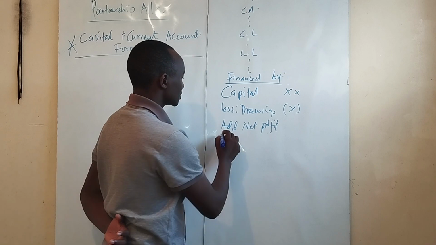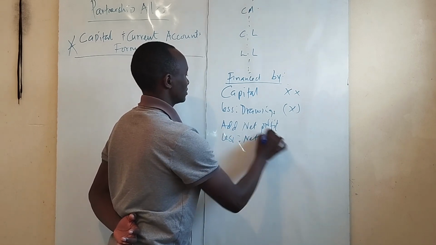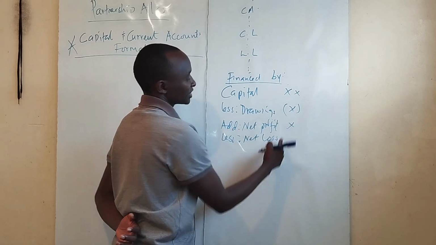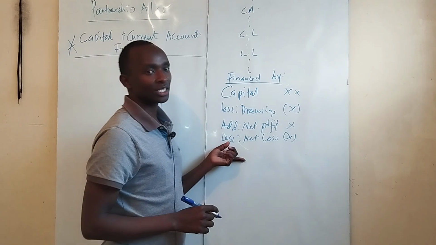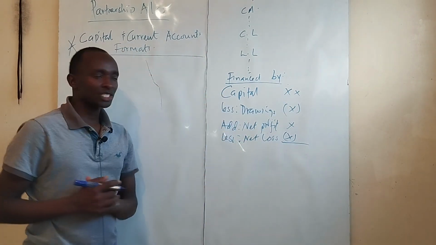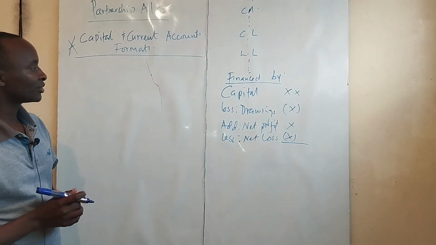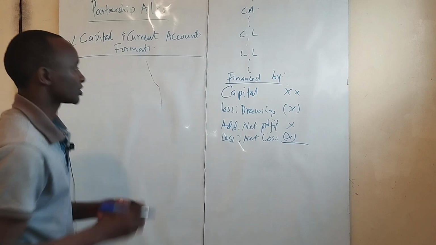If it's a loss, you say less net loss. If it's a profit, you add. If it's a loss, you less. But you cannot have the two at the same time, so you take one. So that is what was under the financed by of the balance sheet of a sole trader.